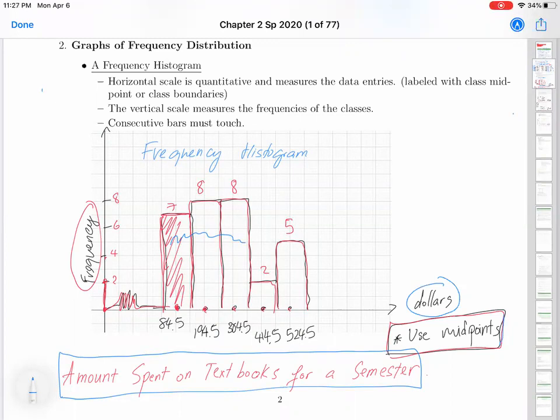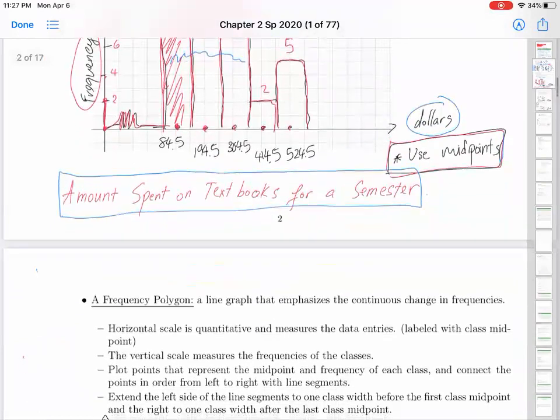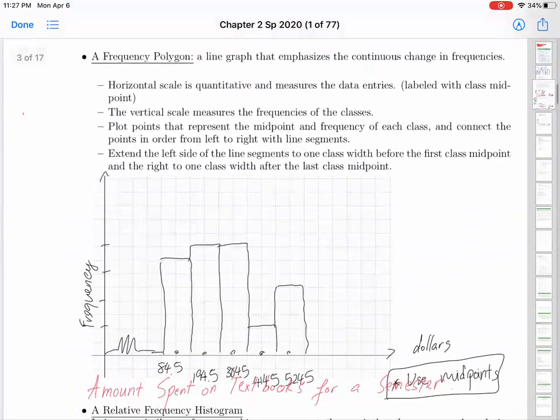Okay, so this is the first graph of frequency distribution, the frequency histogram. And you can use the frequency distributions to create a frequency polygon. A frequency polygon is a line graph that emphasizes the continuous change in the frequencies.